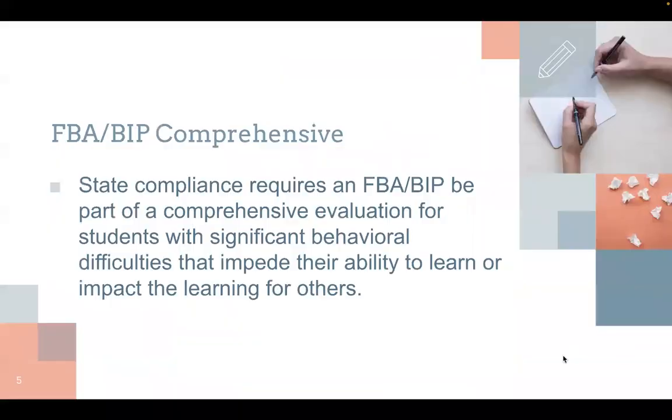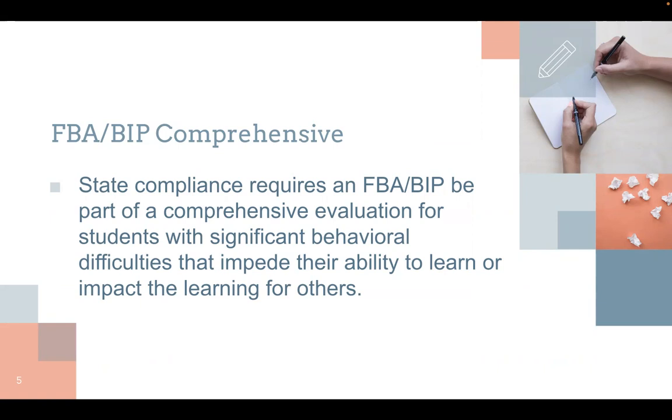So the FBA BIP comprehensive, remember, we've talked about this a lot already. State compliance requires an FBA BIP be part of a comprehensive evaluation for students with significant behavioral difficulties that impede their ability to learn or impact the learning of others. So this is part of eligibility and reevaluation required for students with emotional behavior disabilities.